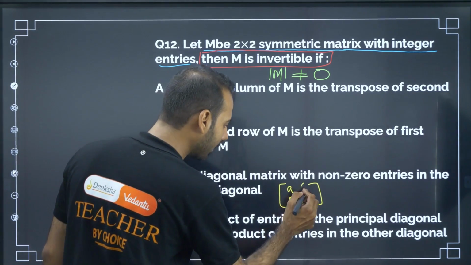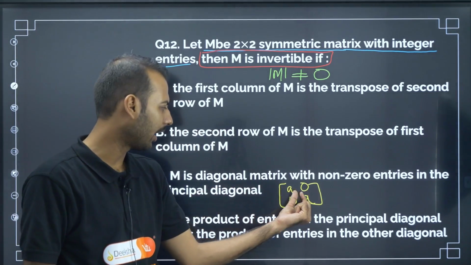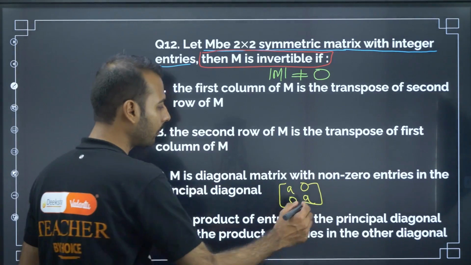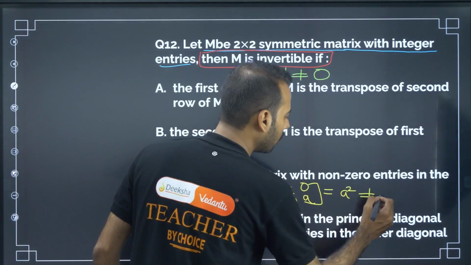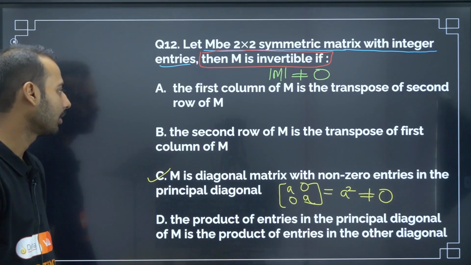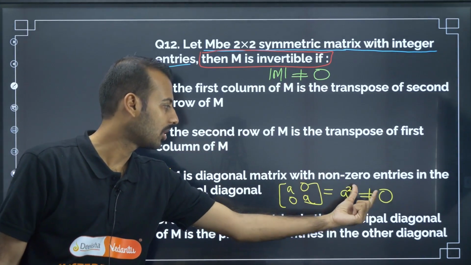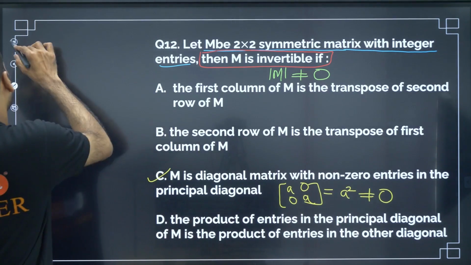Remaining are dead. Diagonal elements with non-zero entries means A and A, they are non-zero entries in the principal diagonal. Now what is the value of this? This is equal to A square and this is not equal to 0. So from here we can come to a conclusion that C is the answer for this. So this determinant of M should not be equal to 0. If you go through C option, here determinant is not equal to 0. So C is the answer for this. Moving on to next question.